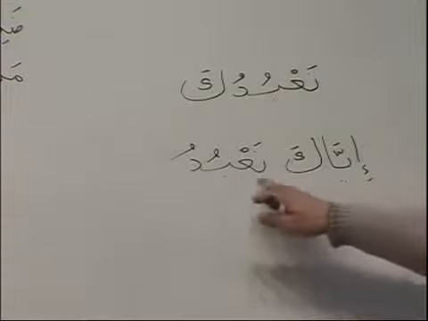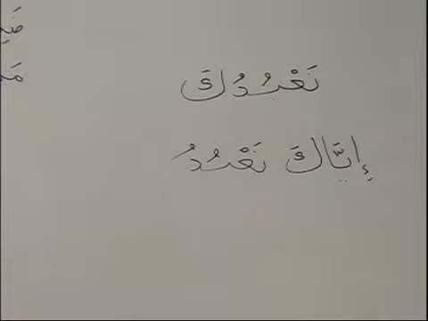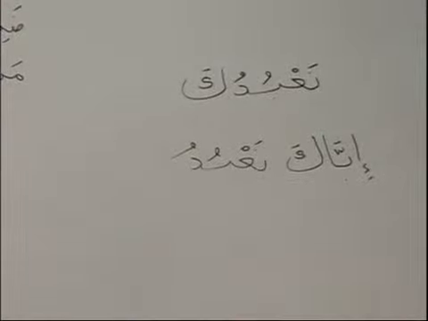It is maf'ulun bihi for this, but it came first. And it will come in the Qur'an like that. So I want you to keep it in mind right now. The rules and regulations for using damirun munfasilun will come later on in the lesson, inshallah. And they are very interesting rules, brothers and sisters.